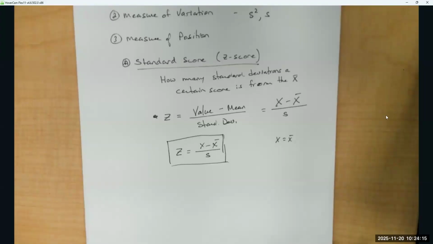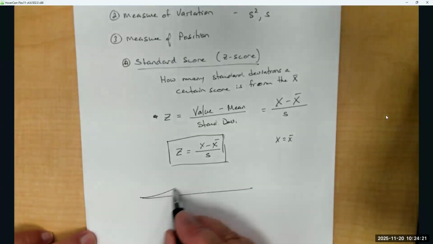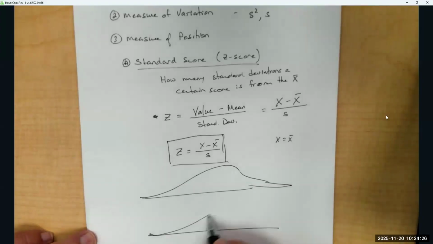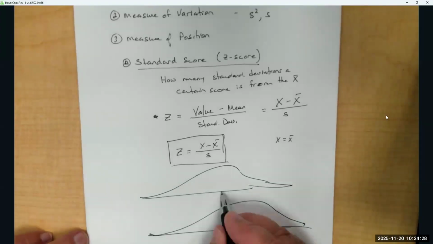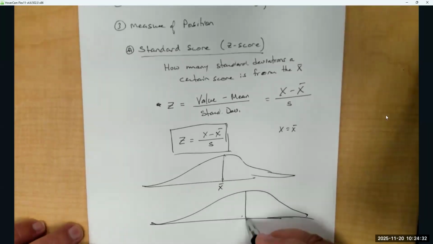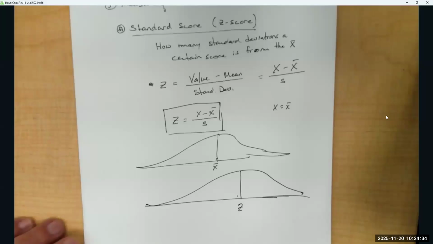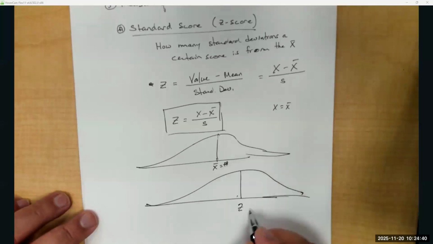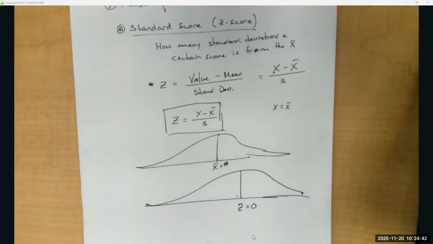And we're going to learn a lot that after everything's said and done with this z transformation, the mean goes here, it's the center, and it becomes a z-score. So this could be any number, but the z-score is 0.